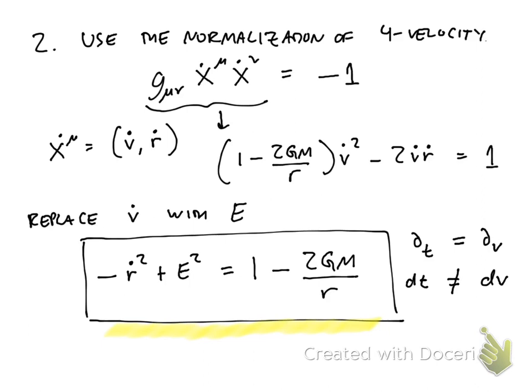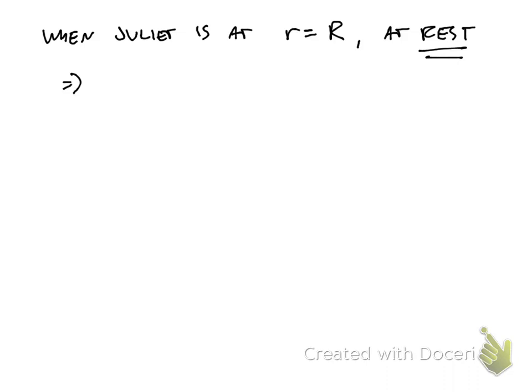And how do we do that next? Well, first we are going to plug in the initial conditions in our problem. What are the initial conditions? Remember, when Juliet is at r equals capital R, then she is at rest. And what that implies is that r dot equals 0 when r equals R. So what does that mean?